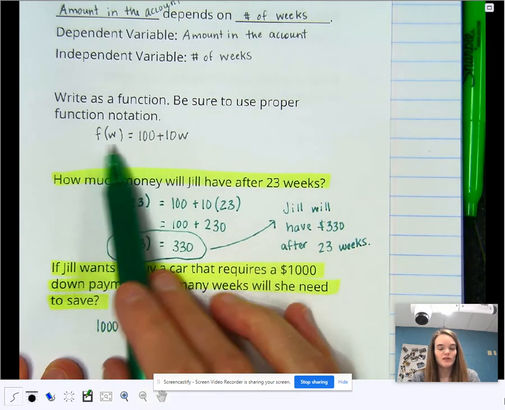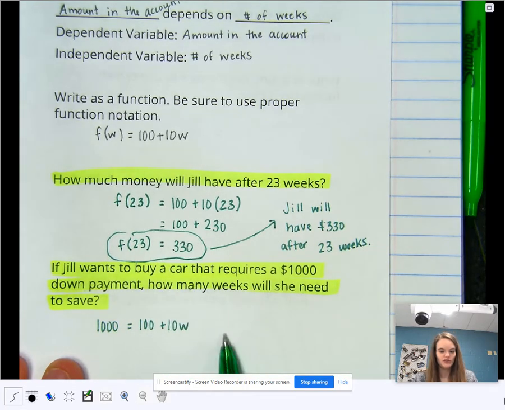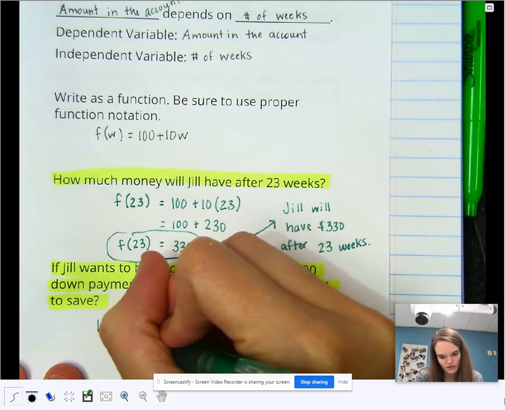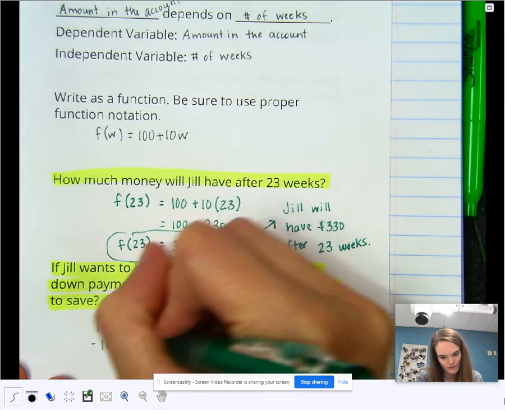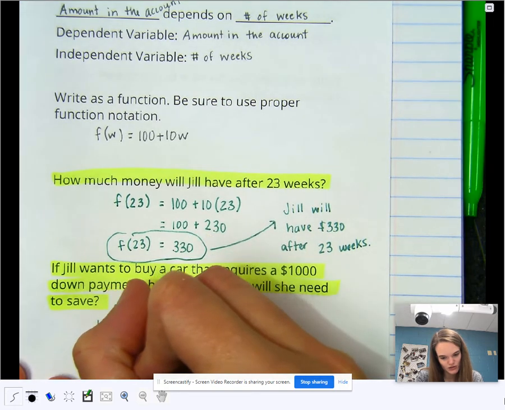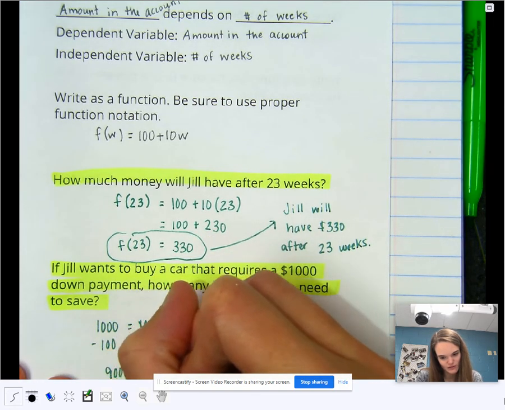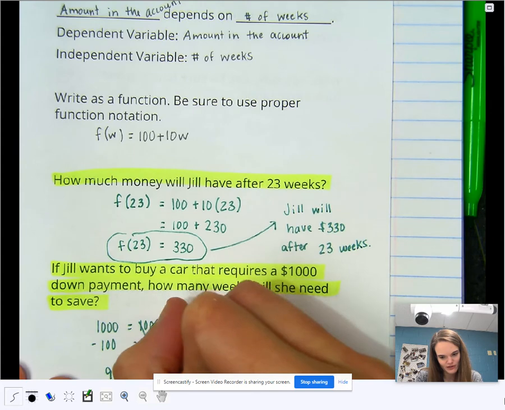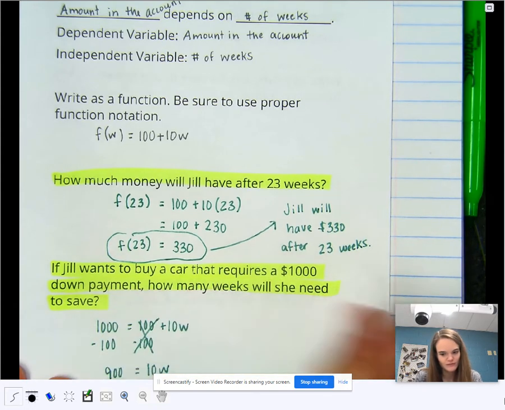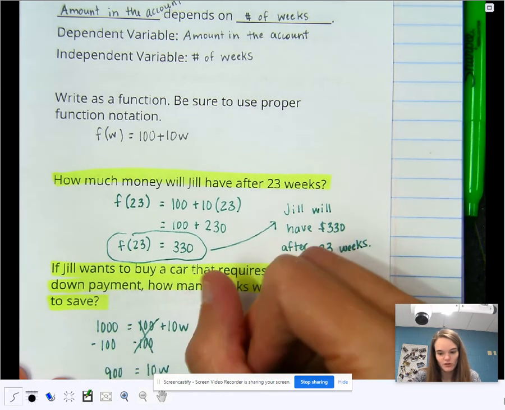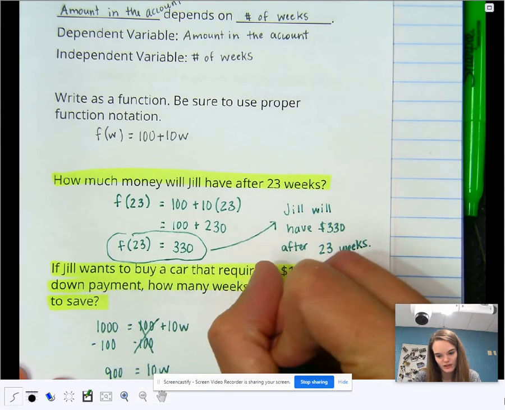It's important you know what each piece stands for so you can set up the equation appropriately. Now we solve. Subtract 100. 900 equals 10W. Divide by 10. W equals 90.